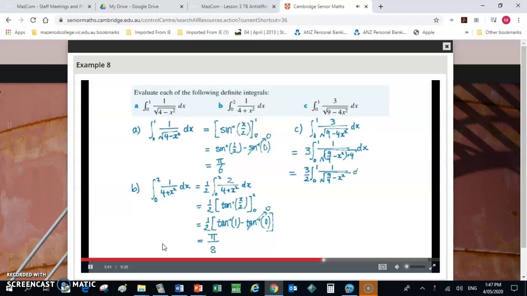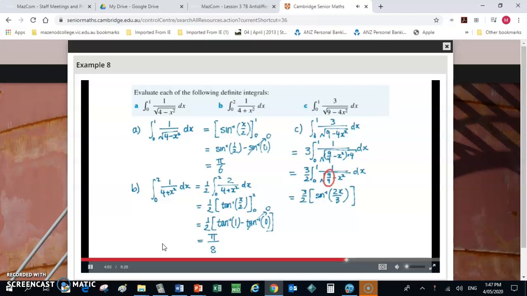This is the stock standard form for a sine inverse. And it's going to equal 3 on 2 sine inverse of x over 3 on 2, which becomes 2x on 3 between 0 and 1.